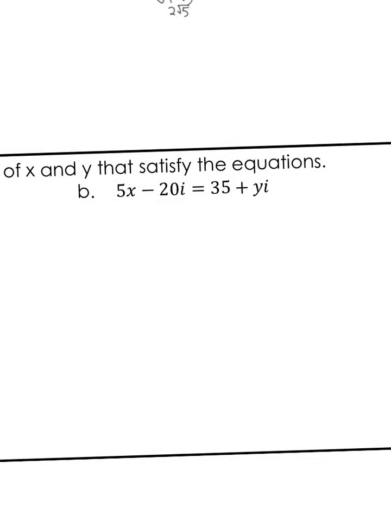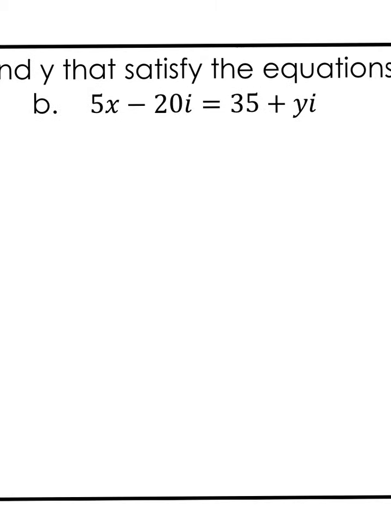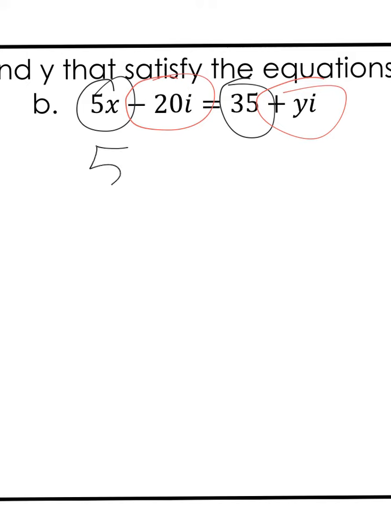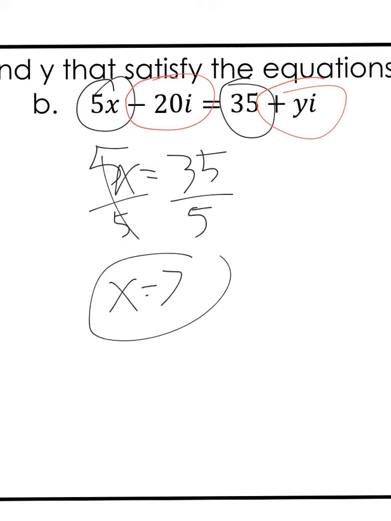Let's do another example. I got 5x minus 20i equals 35 plus yi. So look, 5x, 35, minus 20i, plus yi. So 5x equals 35. Divide by 5, x equals 7. No plus or minus, it's just x equals 7.